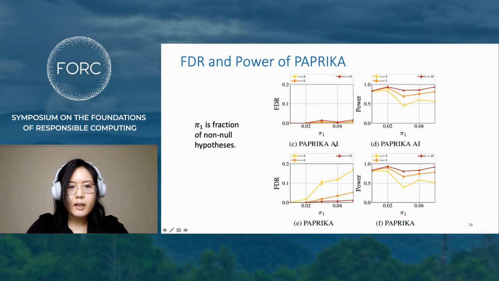An exception is in this picture, the FDR also decreases for PAPRIKA AI, and this is because the adaptive candidate checking threshold results in a smaller candidate set, and it leads to insufficient rejections. We also see that PAPRIKA AI performs dramatically better than PAPRIKA, and it suggests that this smarter choice of the candidate checking threshold is preferred.